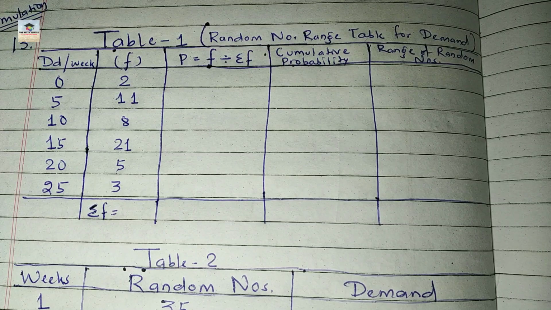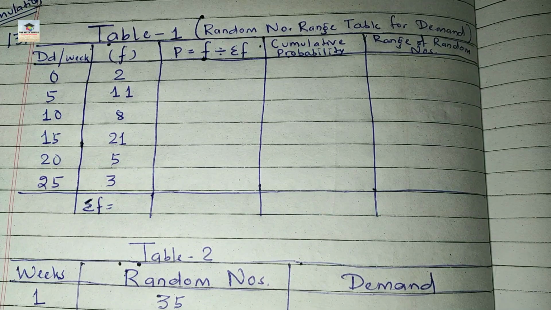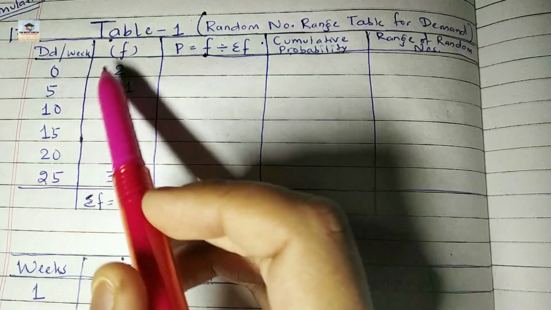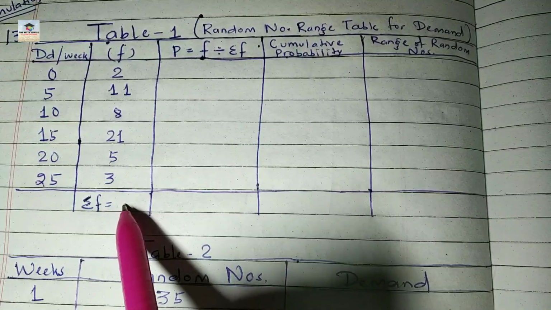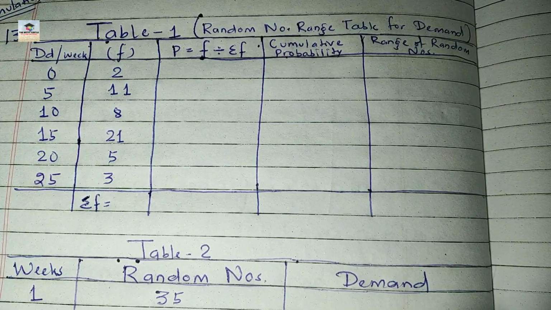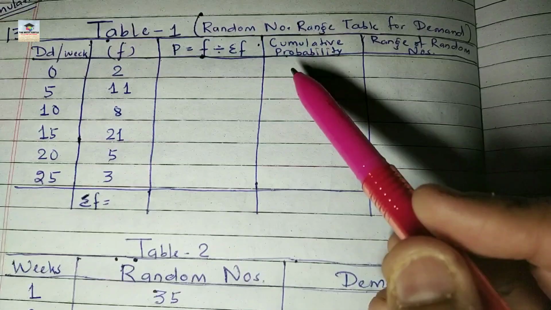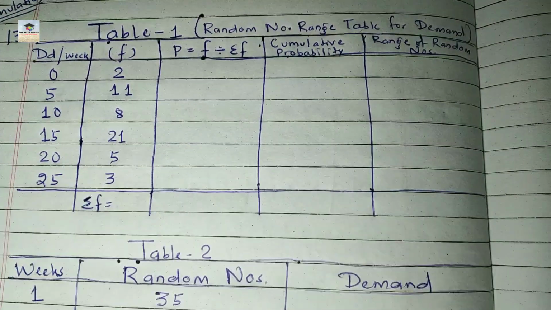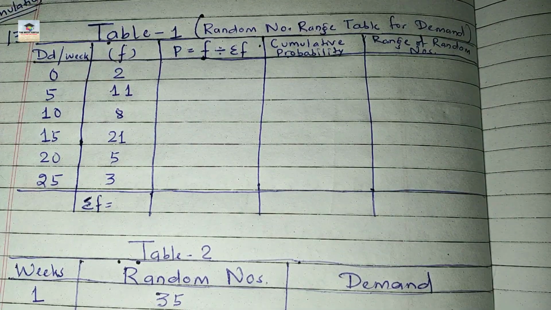If you have come through foundation, then you must have studied probability in your foundation maths paper, right? And even if you have come through general graduation, then you studied probability in plus 2 or graduation. So tell me, how do you calculate probability? Your normal frequency divided by your summation of frequency, right? And your fourth column will be for cumulative probability. What is the meaning of cumulative probability?